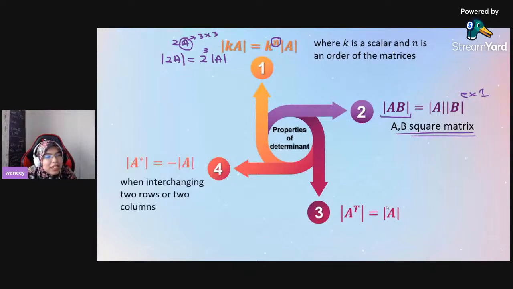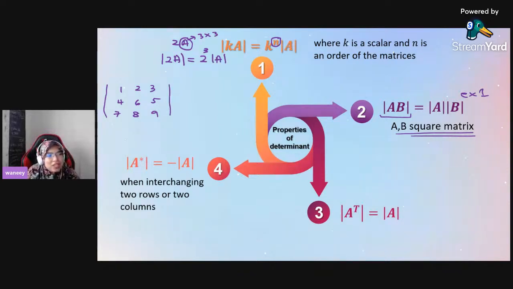The fourth one, if let's say you are doing interchanging rows or interchanging column, what does interchanging mean? Okay, so for example, if let's say I have 1, 2, 3, 4, 5, 6, 7, 8, 9, for example, something like this, right? Okay, so I want to take the determinant of this.